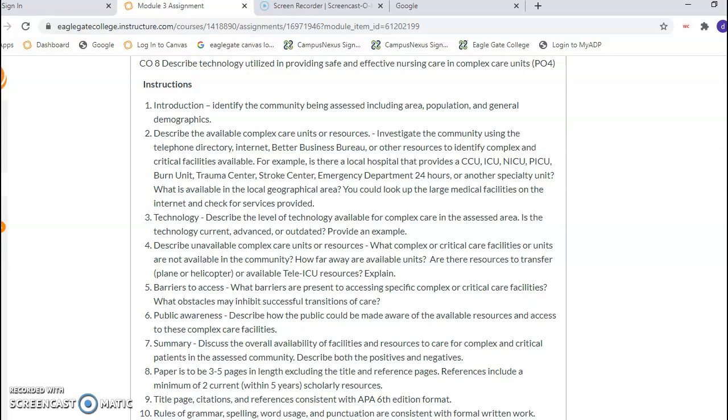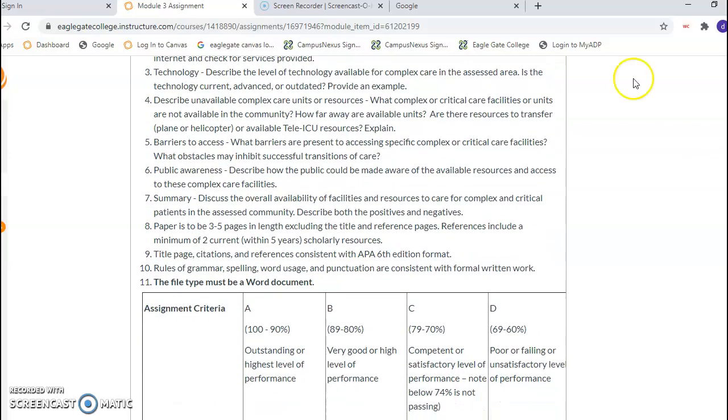When you're talking about your own community, talk about how the public is made aware of what you have in your own community, and then how access to these complex care areas works. In this one, you might want to use the internet. You could think about the internet, TV ads, billboards. How is the public made aware? I think these days many hospitals and institutions are doing advertisement, so that would be a discussion about that.